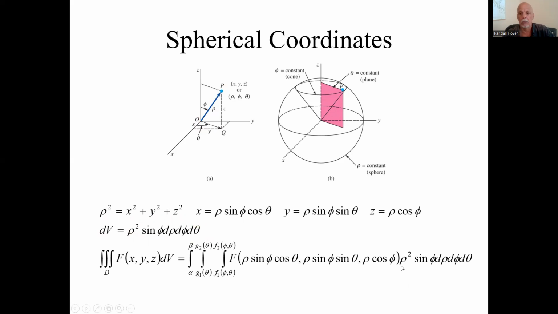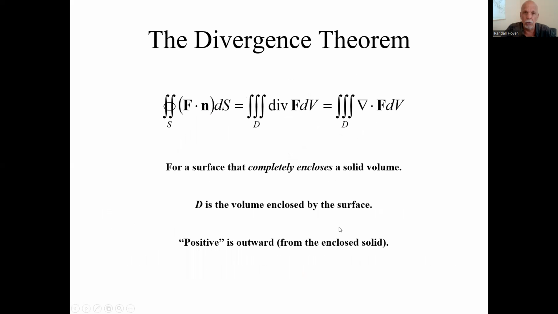So again, you have this complicated dv term, 6 ways to order your variables, and you have to convert your f to whatever your new variables are, your rho, phi, and theta. So that's a quick review of triple integrals, and here's why we need it.